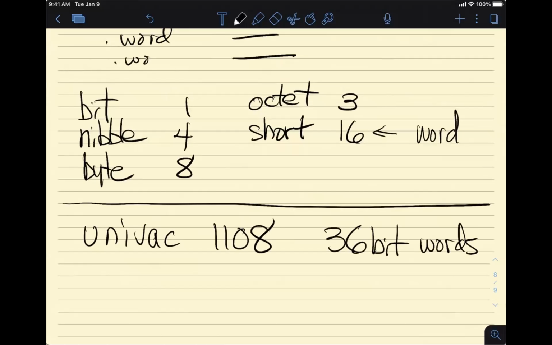Now, what power of 2 is 36? No. Right? So what was a char on this machine? It was 6 bits.